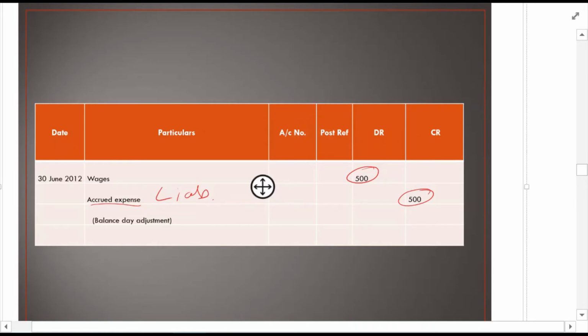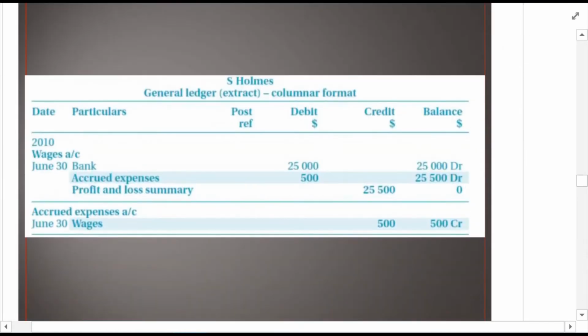So what will happen is we've now included this $500 here in the next financial year. So it'll be 25,500, as well as we've added this accrued expense account. So in the next financial year, when we do pay the $500, we can take this off.